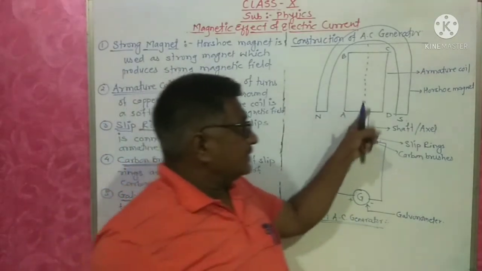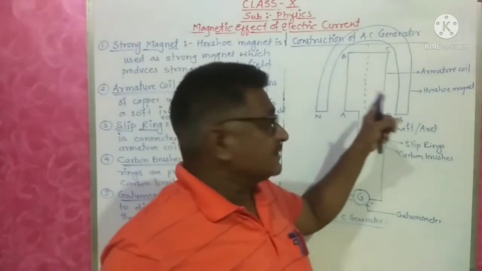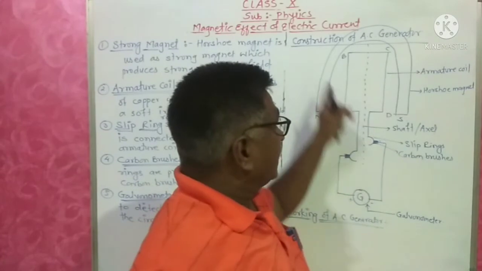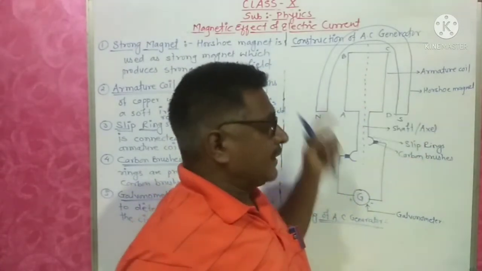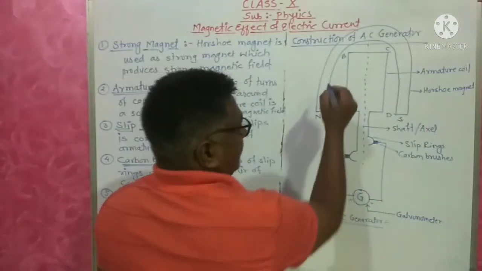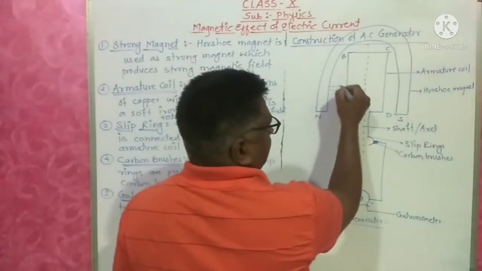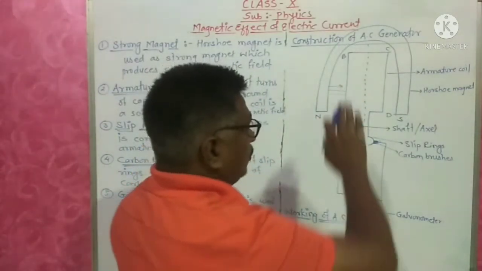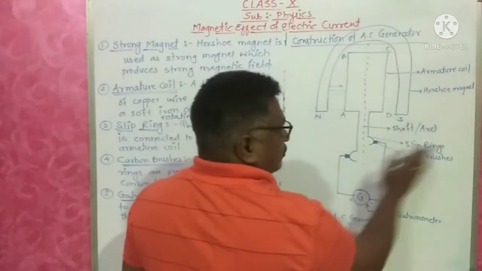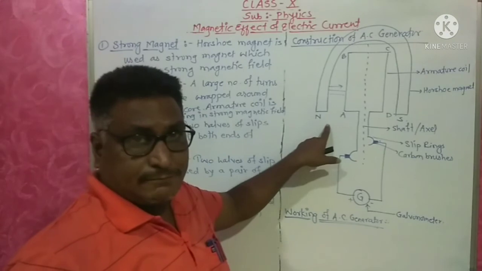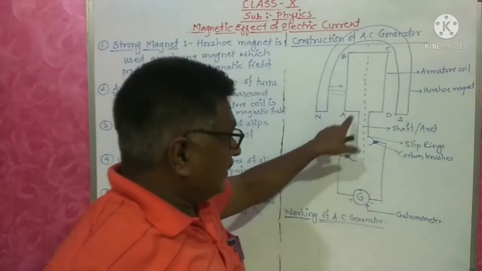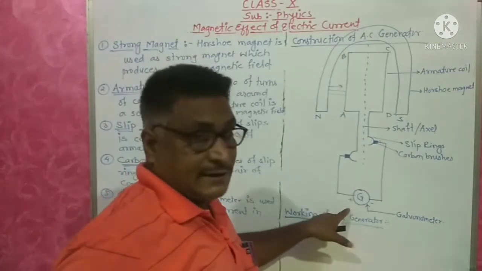Here this is the armature coil, meaning the conductor. This is the magnetic field. In which direction is the magnetic field? The magnetic field is in this direction. The armature coil is rotating, so it is perpendicular to the magnetic field, and current is generated.